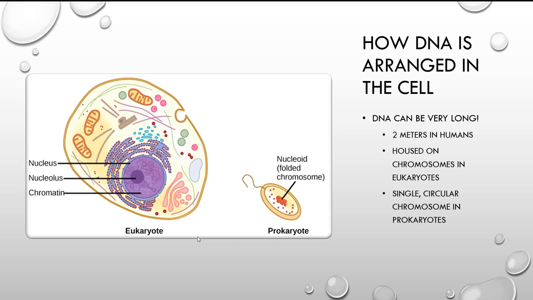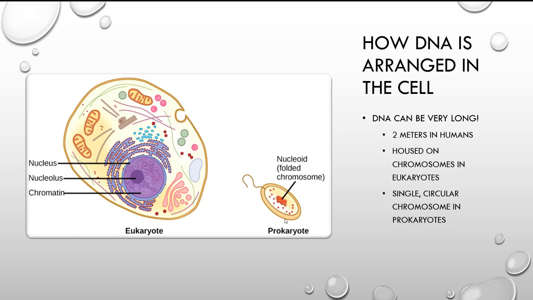Well, for one thing, our DNA is housed on linear chromosomes, and we'll learn about how it's condensed in that. For prokaryotes, their DNA can be just as long as ours, like E. coli, for example, the bacterial cells that can be in our gut that can cause disease sometimes.